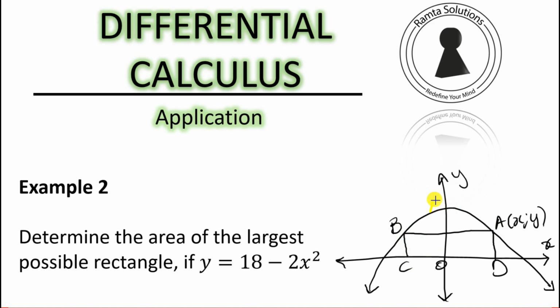This is the axis of symmetry, and the distance from the x-axis to this point here, the y-intercept, is 18. So distance from O to D is similar to distance from O to C. Why? Because this line is the axis of symmetry. So if this is x, this must be minus x.